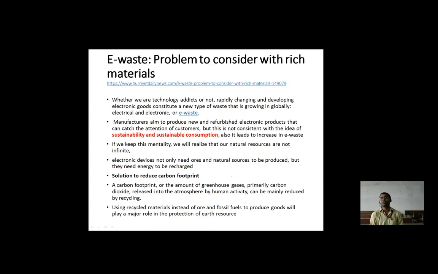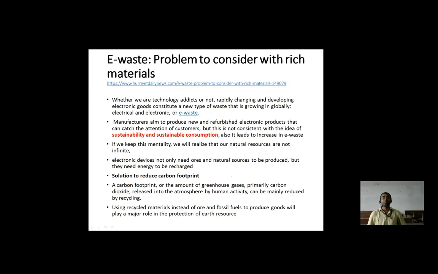The thing we need to take care of is that if we are creating a kind of material, it needs to be recyclable, not decompose into nature, because that creates carbon footprints and the greenhouse gases problem in the environment, which leads to an increase in the temperature of our environment.